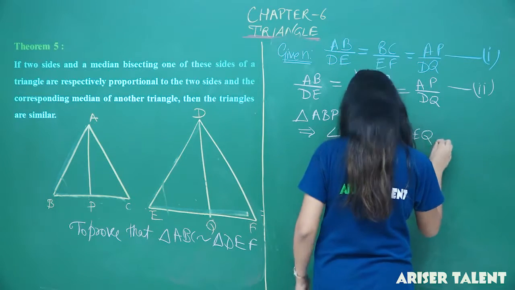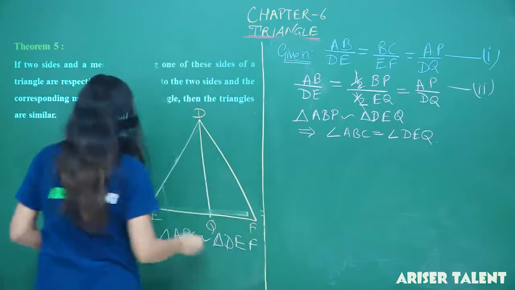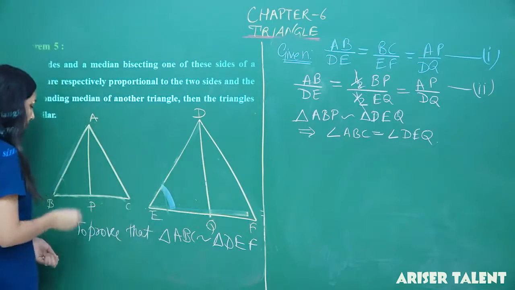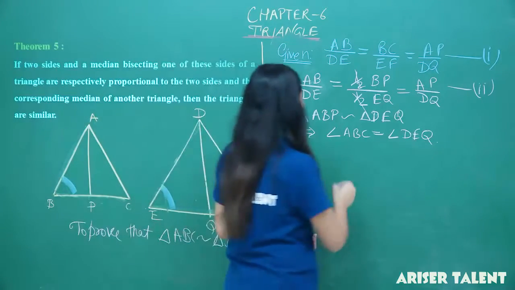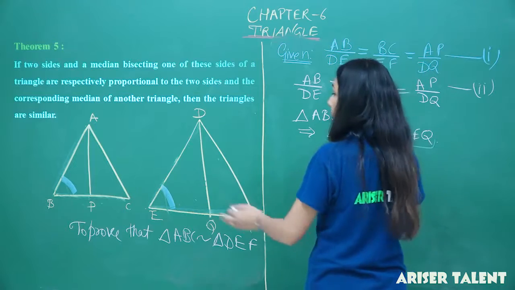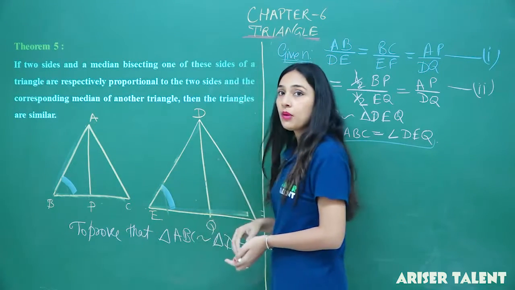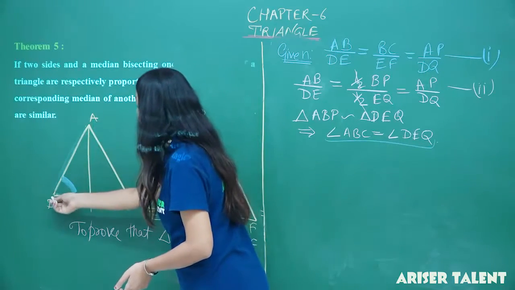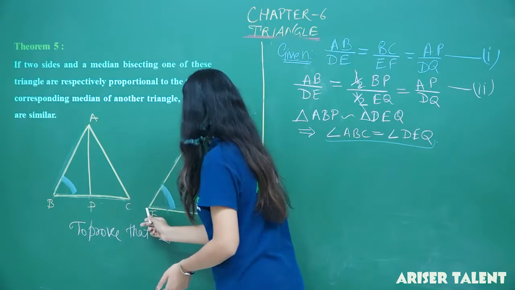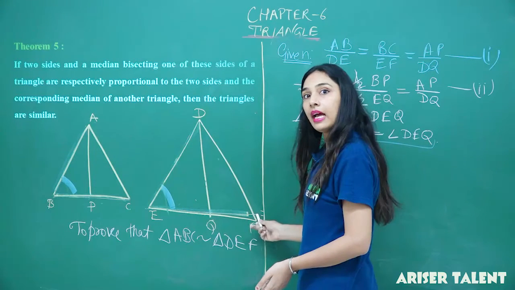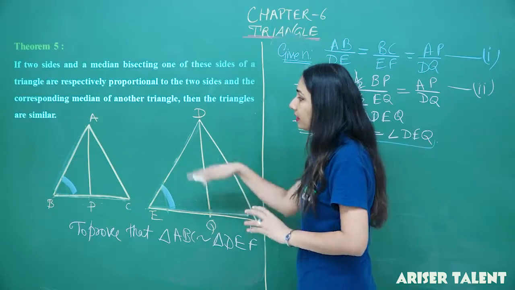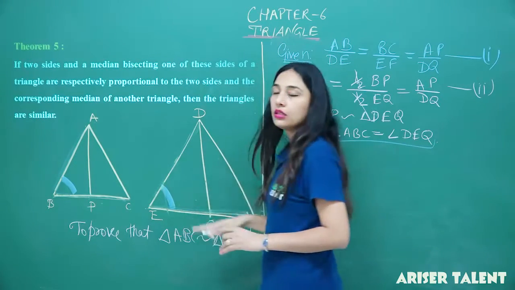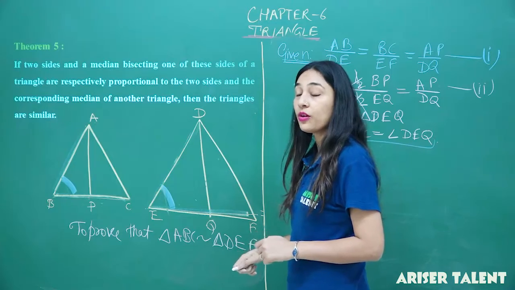So, what I have proven is that this angle is equal to this angle, right students? Now, if somehow I prove that these two sides have the same proportions, then I can prove that this triangle is similar to this triangle.